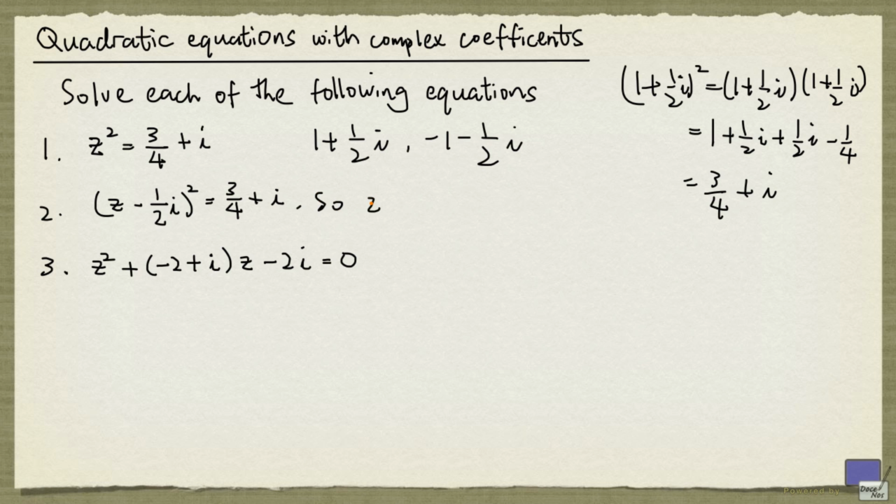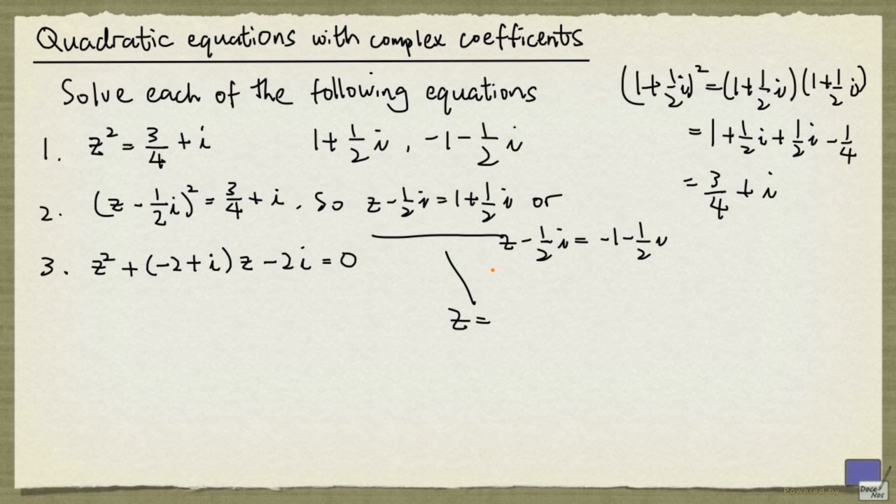And so z minus 1/2 i is 1 plus 1/2 i, or z minus 1/2 i equals minus 1 minus 1/2 i. And if we work this out, z will be equal to 1 plus i, and this will give us z equals minus 1. So these are the solutions to the second equation.